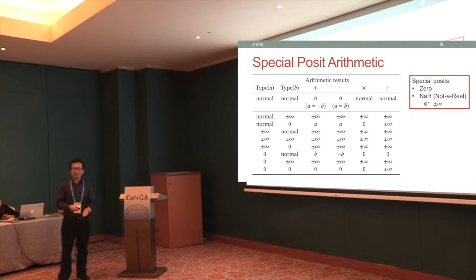In an implementation or even test cases, you can just look up the table for the expected results. Let's say for a normal posit with a special zero value, the addition should return the A value. Multiplication should return 0. All these can be determined by just looking at the types of the numbers.